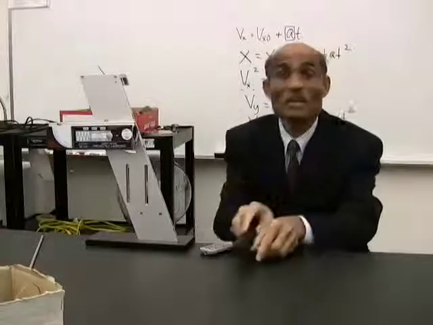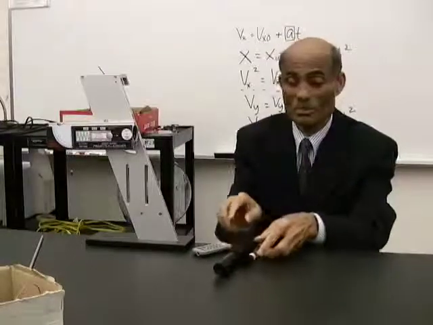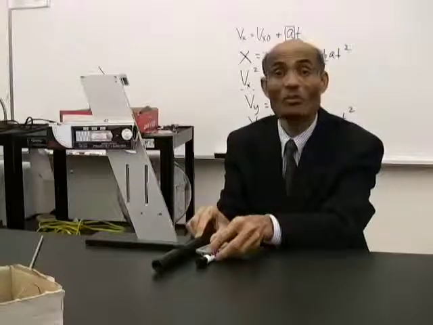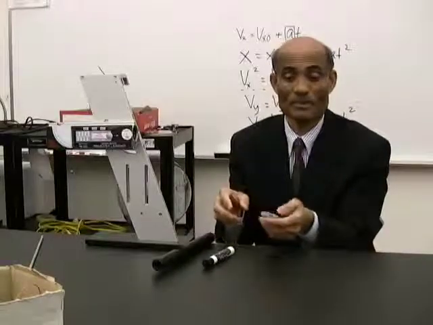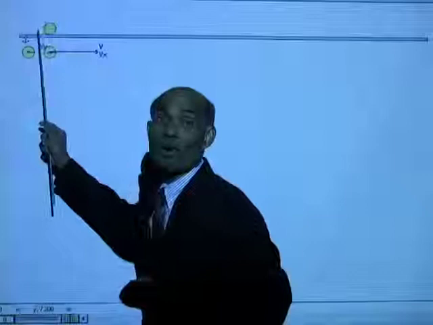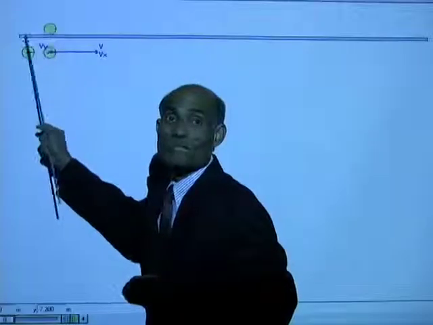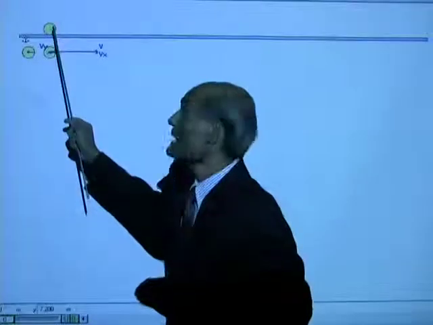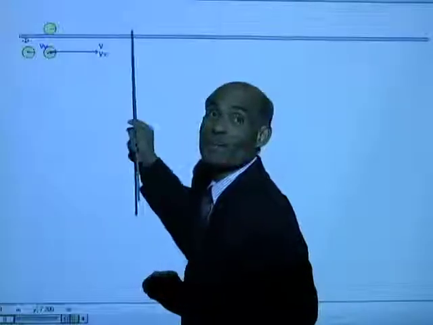Well, I want to take you to an animation and show you how the ball was moving. To illustrate motion in 2 dimensions, I have arranged 3 balls here. The ball sitting on this platform can only move in the x direction.